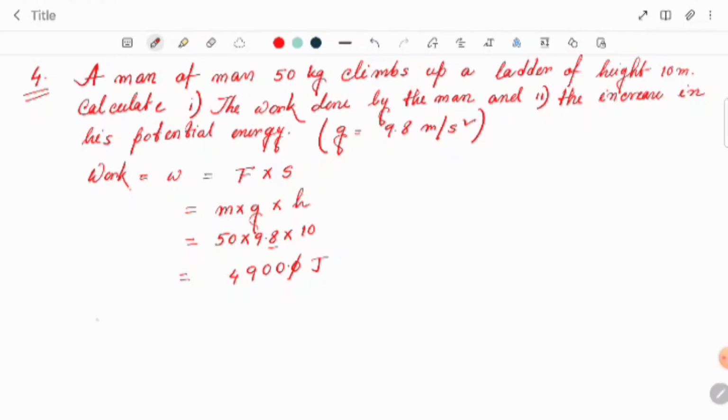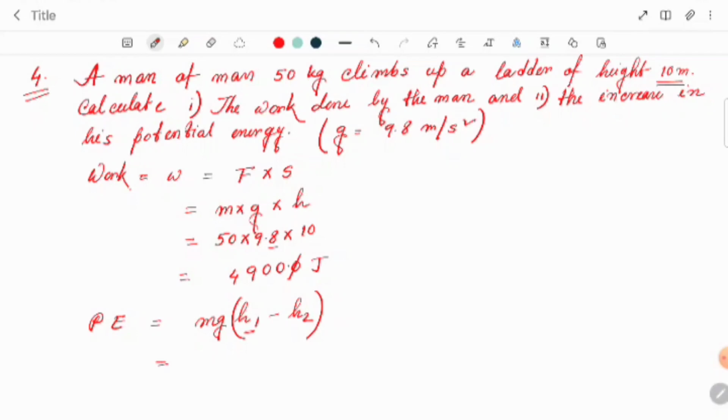The potential energy formula we also know: mg into h1 minus h2. h1 is the highest point, which is given, and h2 is not given, so obviously it should be the ground, meaning 0.